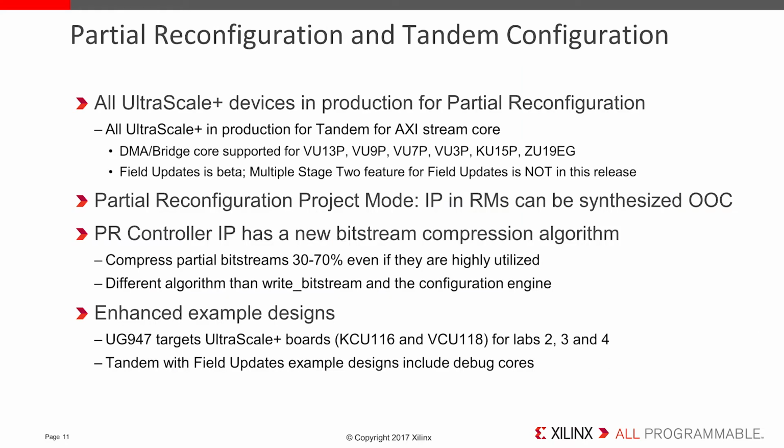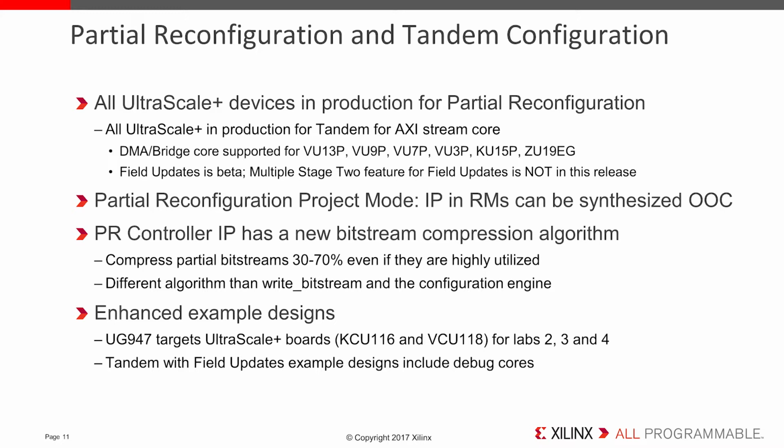For partial reconfiguration and Tandem features, all of the UltraScale+ devices are in production status in 2017.3, and that includes all of the UltraScale+ devices in production for Tandem and AXI stream cores. In project mode for PR, any of the IPs in a reconfigurable module can now be synthesized in OOC mode.